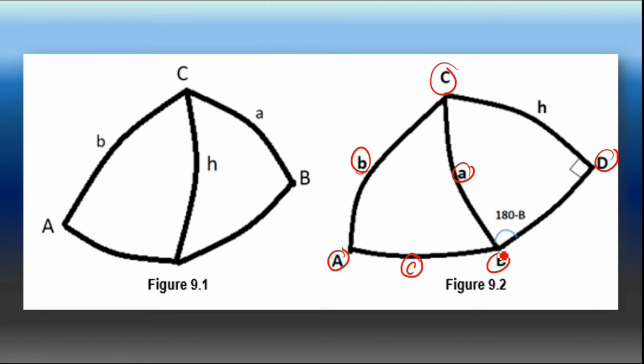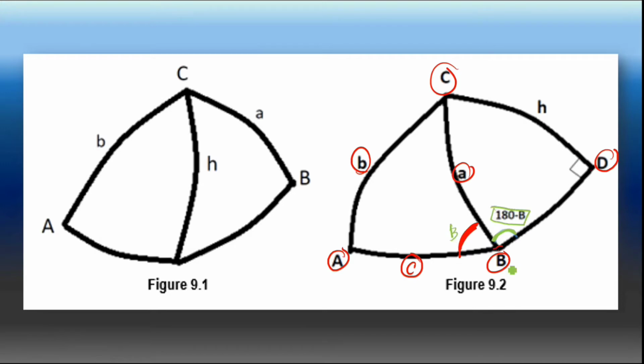Since the angle B is this portion, the angle in this portion would be what? That is 180 degrees minus the measure of angle B, because the B is here.